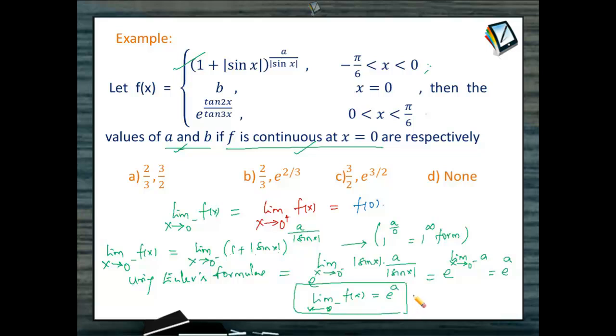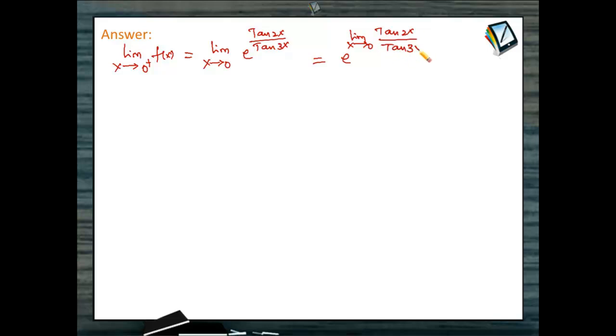We'll be using it while forming the equation for a and b. Let's continue with the right hand limit. How is limit x tends to 0 plus f of x? How is the function defined to the right side of 0? The function is e to the power of tan 2x by tan 3x. Now how do we evaluate this limit? The limit will go into the exponential function, and it becomes e to the power of limit x tends to 0 tan 2x by tan 3x. Now both are tan functions only.